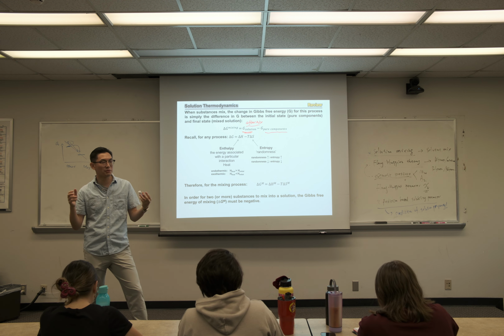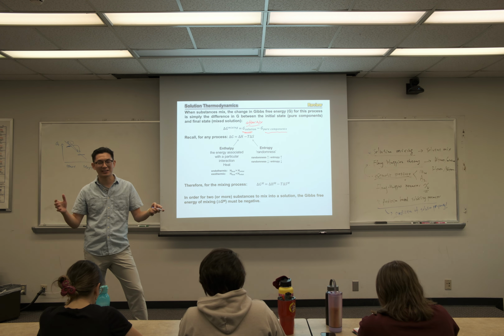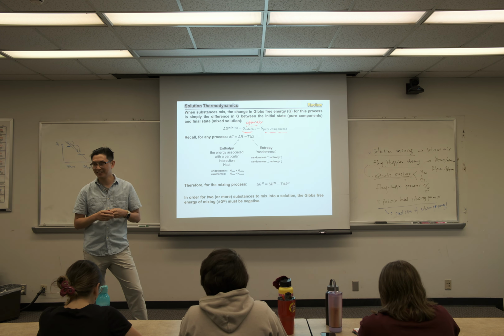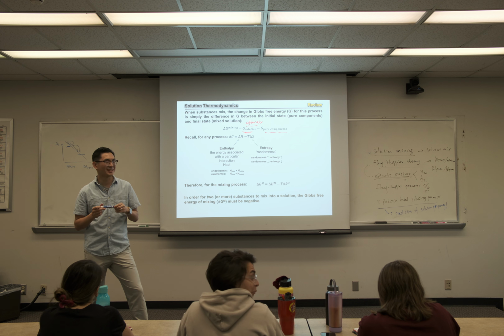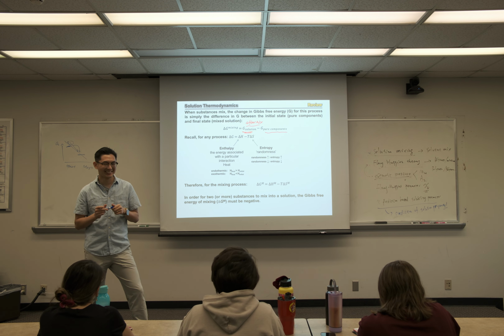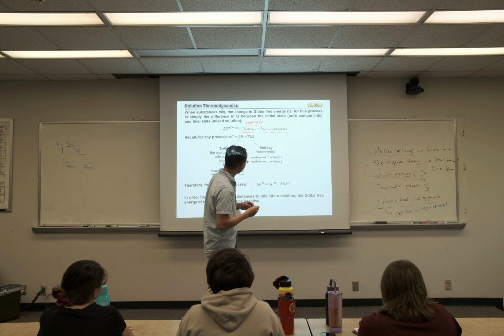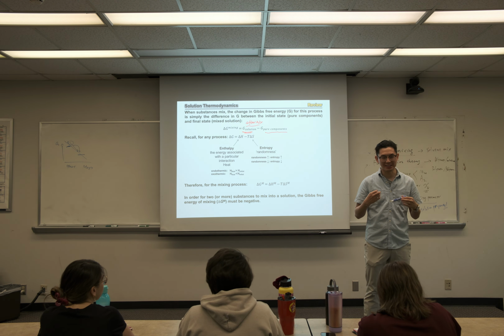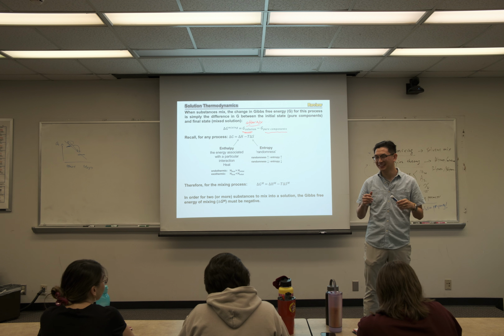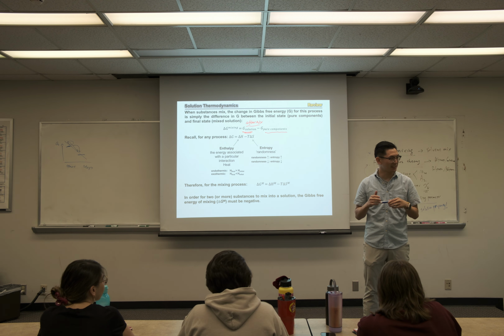Give me an example where in your life something is really organized. Anyone? Dresser. Okay, good, I like it. So let's use my dresser example. On Monday, I did my laundry over the weekend.